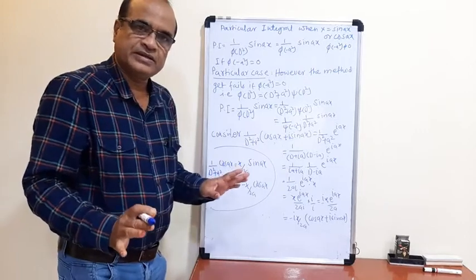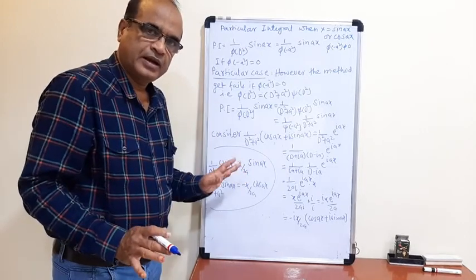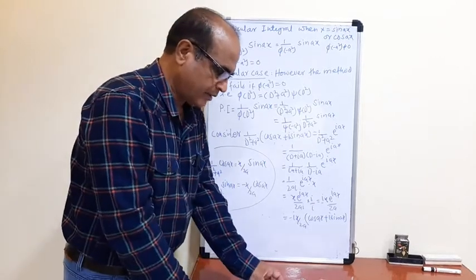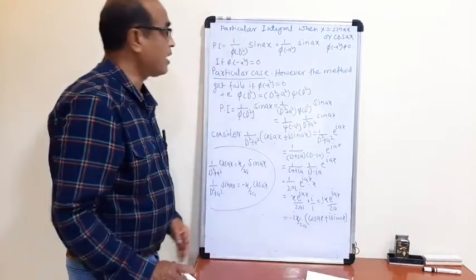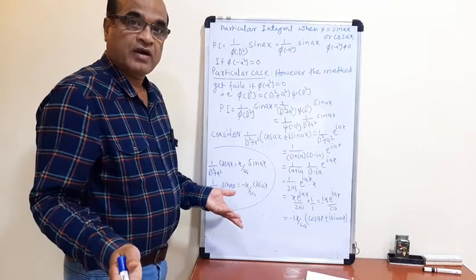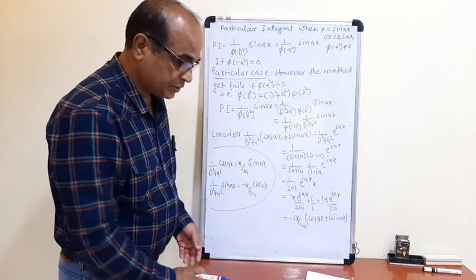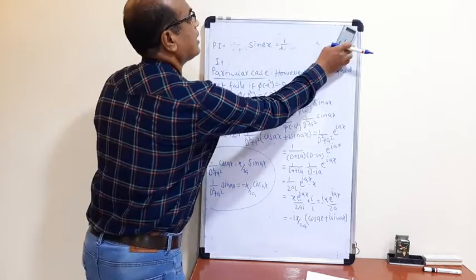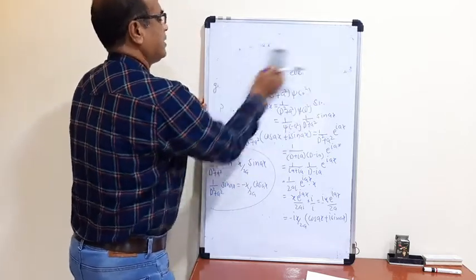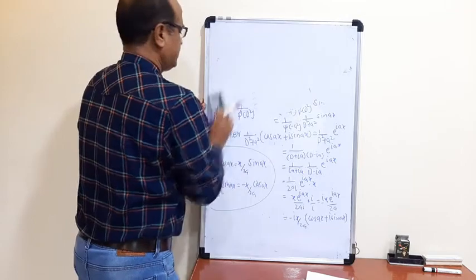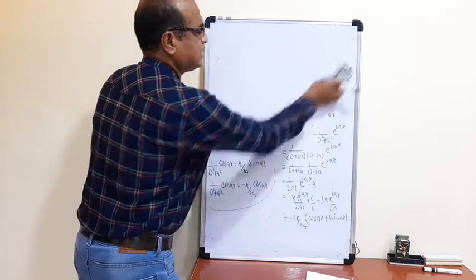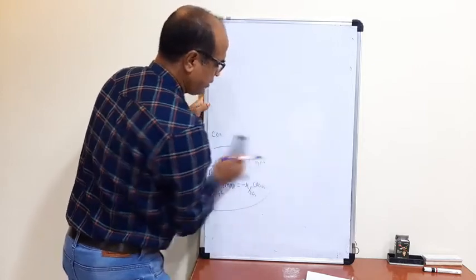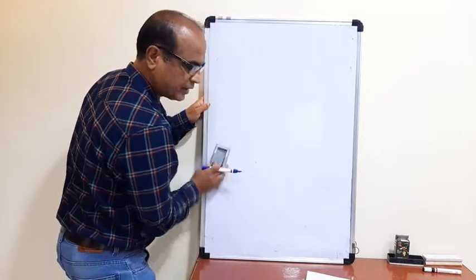So this is a very simple method to obtain the particular integral when phi or psi of minus a square is 0. Okay. So we take examples. In this type, we take examples. Then you will understand easily how to find the solution, especially what the particular integral is.